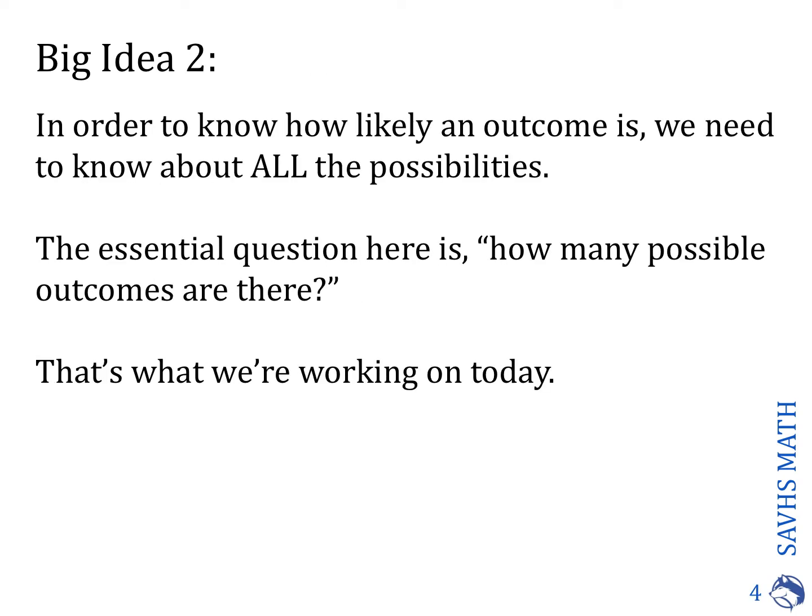In order for us to know a probability, we need a vocabulary word that I don't really use a lot, but it's important that we have it. The word is sample space. Sample space just means what are all of the possibilities.